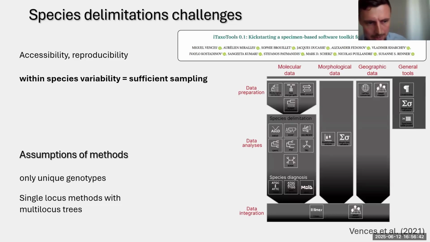Of course, it comes with some challenges, or again some issues. So most important, what I always say, is the within-species variability. It's mentioned in almost every manual of all these methods that you should have variability within species.